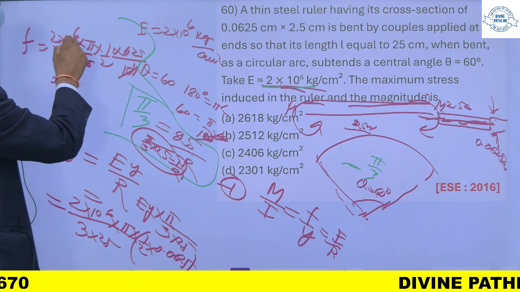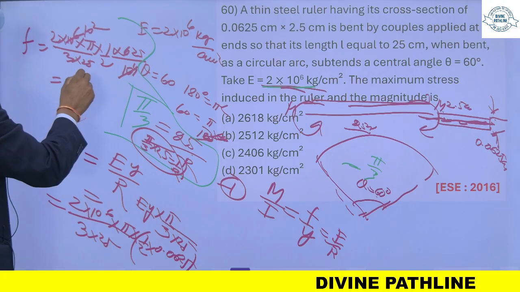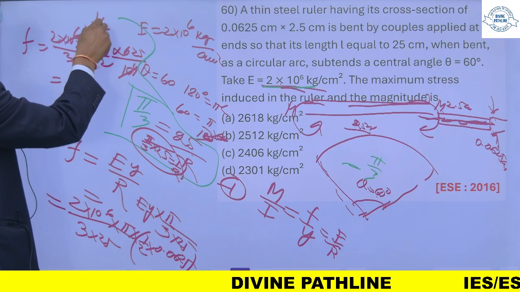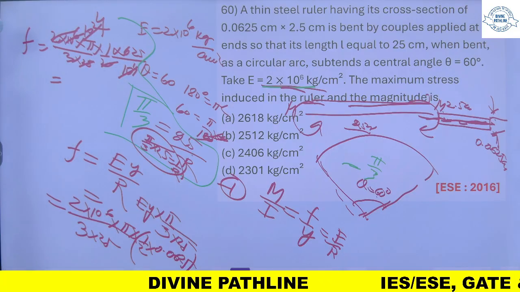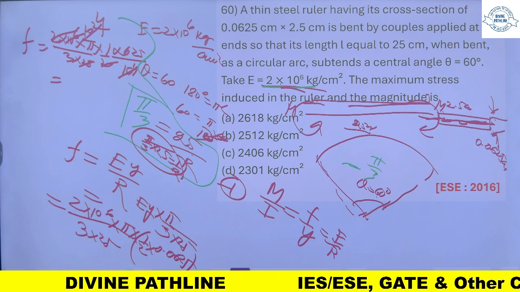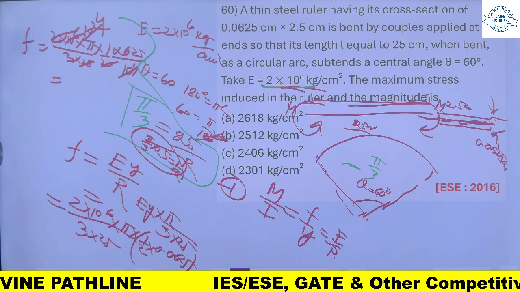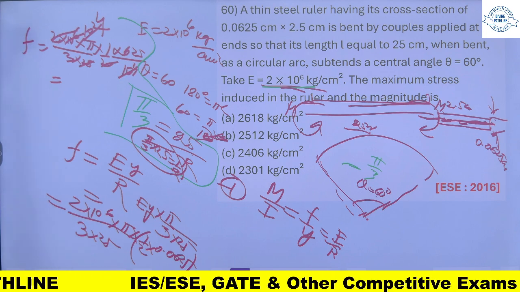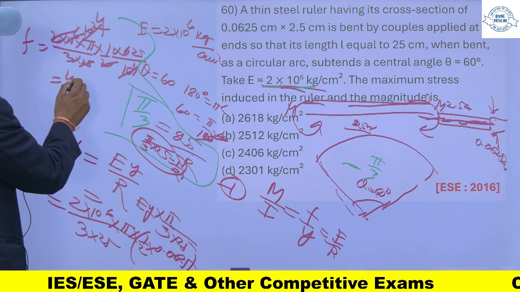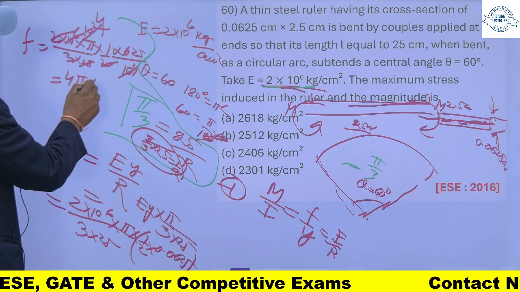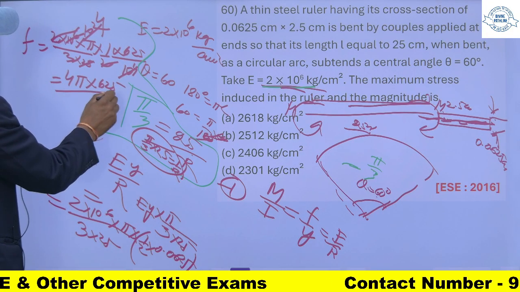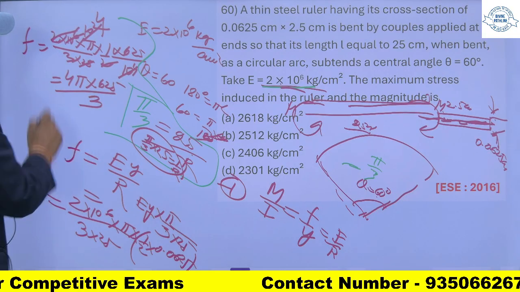So 25 cancels, so this will be 4 pi into 625 upon 3.